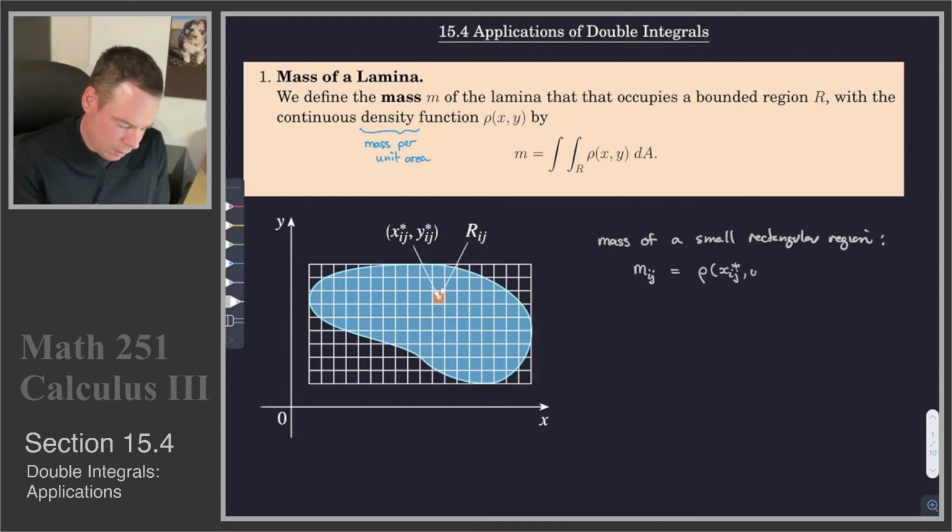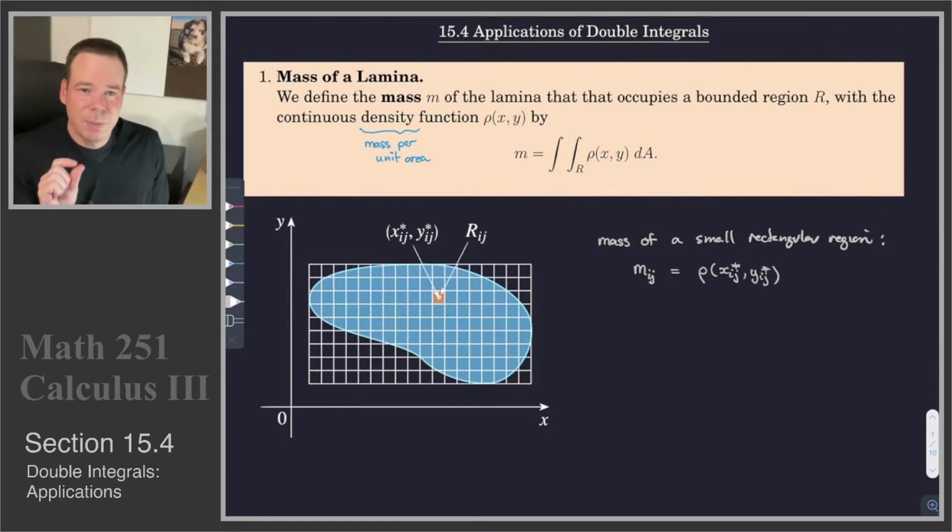So if we evaluate the density function there, we assume we've cut this region up into such tiny little bits that we can assume that the density is constant across that little piece. If you worry that we're not getting the exact value, that's fine. What we are going to do is take the limit as the size of these rectangles goes to 0, and that gets us to our exact value.